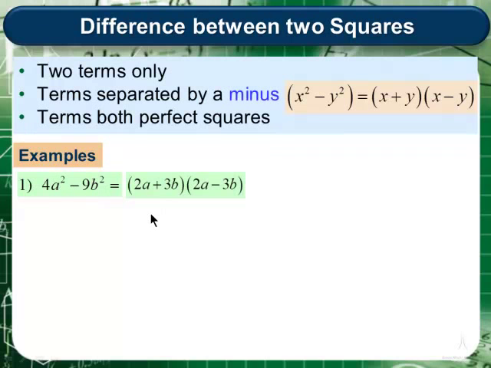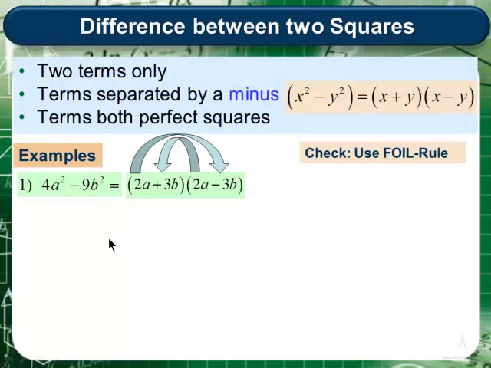Now that gives us immediately a way to factorize this, to write it as a product of 2 factors, where the square root of the first term and the square root in this case of 9b squared will be the terms utilized in the brackets as indicated, first with a plus and then with a negative, and that gives us the factorization of this expression using the difference between 2 squares.